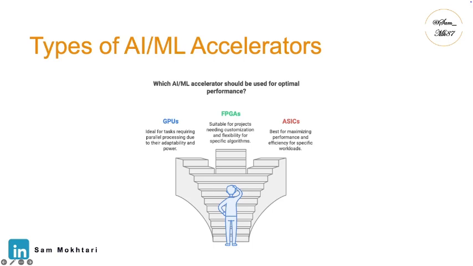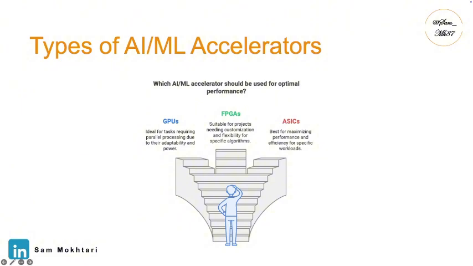There are three main types of hardware accelerators commonly used. The first one is GPUs, which are highly parallel processors. Initially they were designed to handle the complex calculations required for graphics rendering. However, their parallel processing capabilities have made them highly adaptable for AI/ML workloads where large amounts of data need to be processed simultaneously.